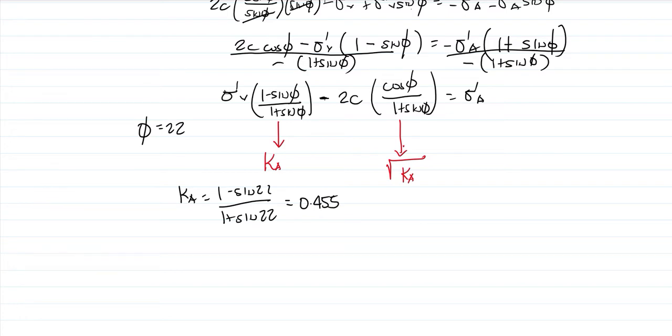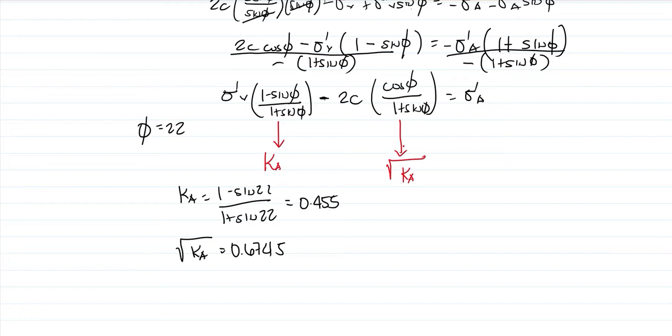Tapos ngayon, kunin natin yung square root ng Ka. Yung square root ng Ka will be equivalent to a value 0.6745. Kinuha ko lang yung decimal form niya dun sa calculator pero meron siyang fraction form.